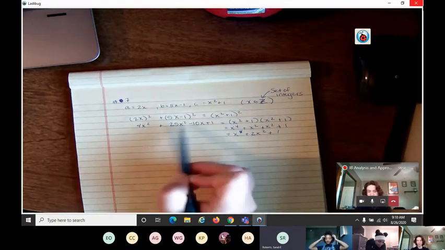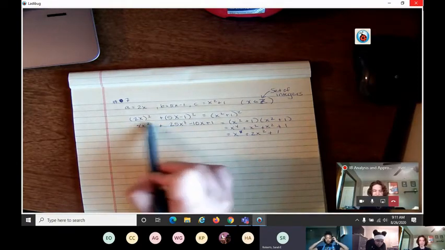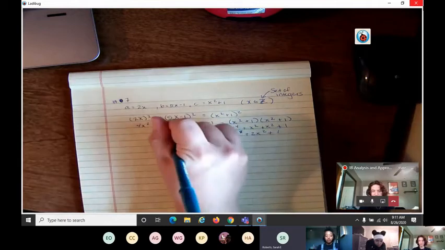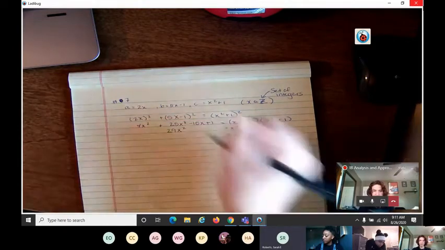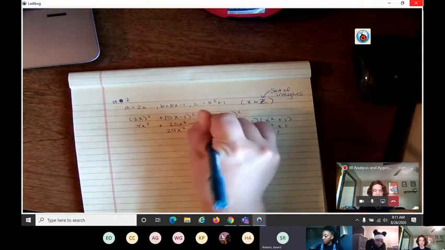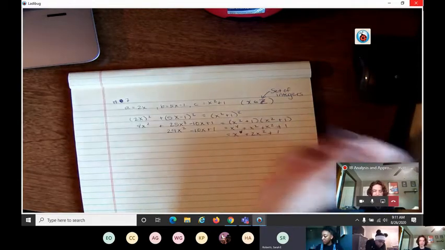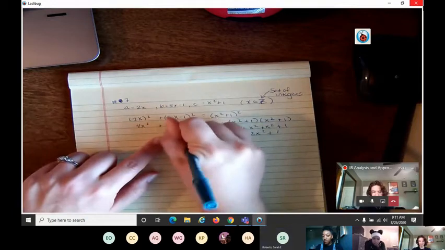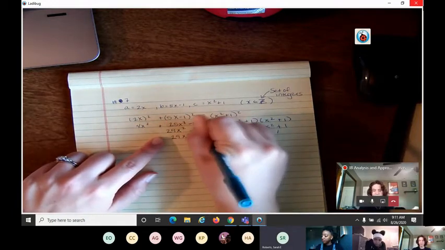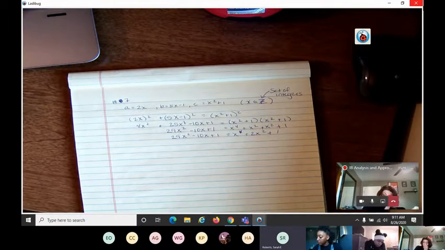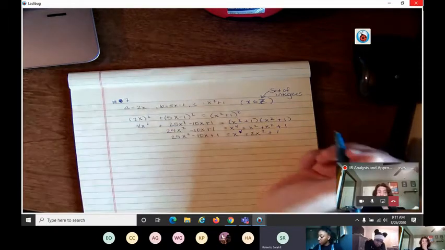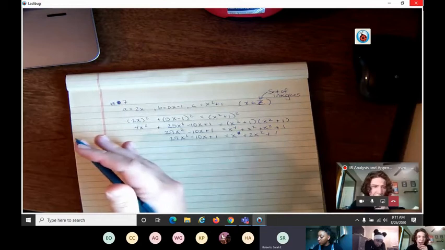So we need to combine our like terms. These 2 squared terms we need to combine. So we'll have 29x squared minus 10x plus 1. And I'm going to go ahead and rewrite it again so we have everything on the same line. Now we need to combine like terms again. I'm just going to move everything to the left.